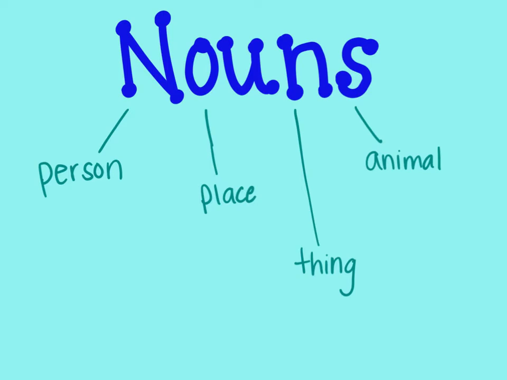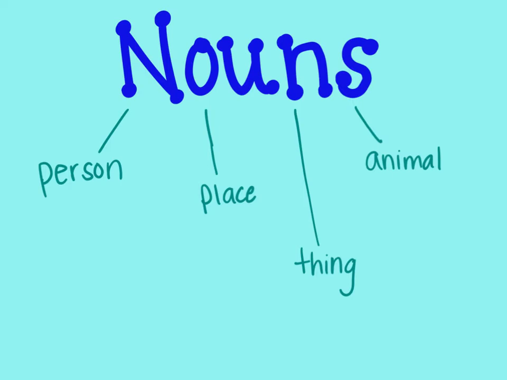Nouns can be common nouns when they don't have the exact name, like dog or boy, or they can be a proper noun when we say the exact name, like Mocha or Matthew. So proper nouns, remember, have a capital letter at the start of the name. Common nouns are lowercase.